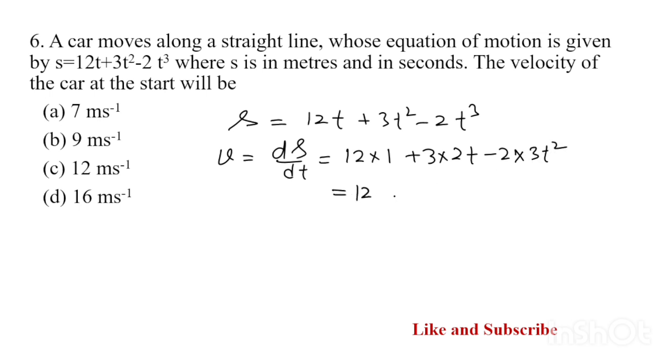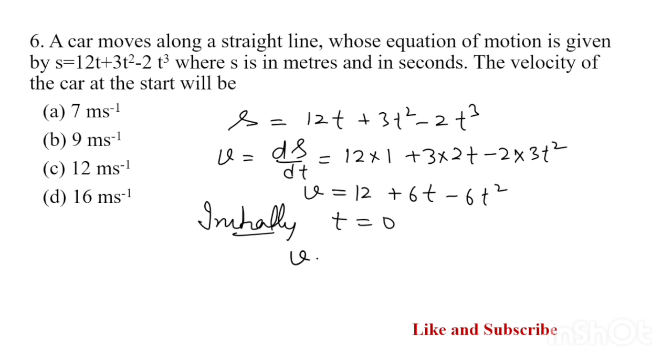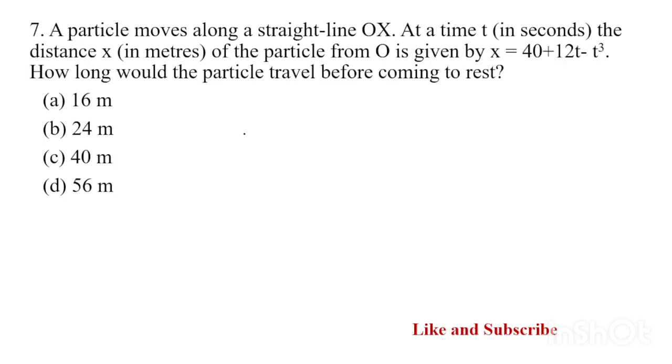So the value is 12 plus 6t minus 6t square. And at the start, so initially or at the start t equal to 0. So V equal to 12 meter per second is the correct option. So option is C.